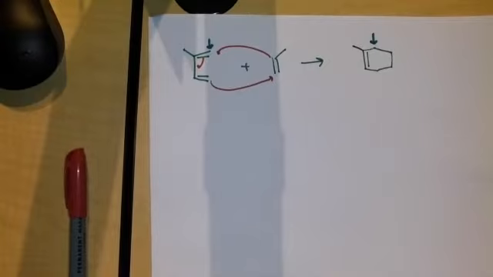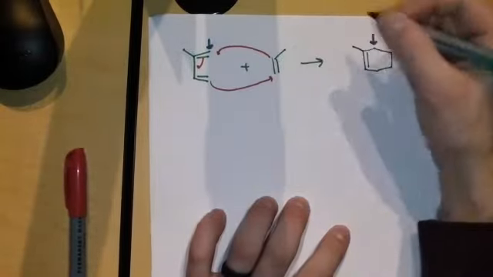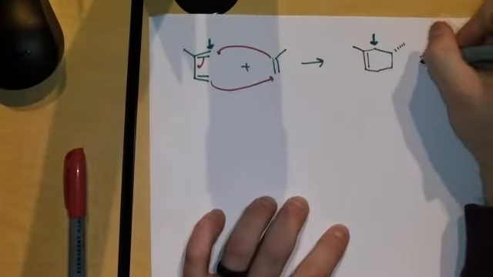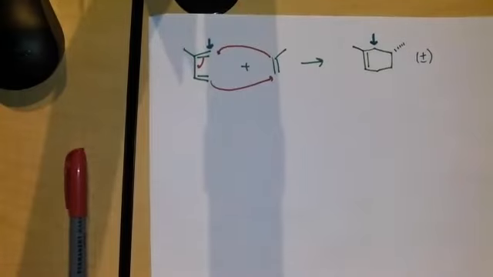It's an sp2 center, so we don't have to worry about any stereochemistry, which is nice. We have this methyl group. We tend to draw them in the down position. This would be your product from this reaction.